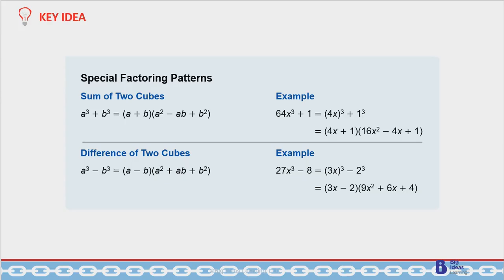Special factoring, we have sum of two cubes and difference of two cubes. What you have to do is pay attention to whether there are two perfect cubes getting added or subtracted, and if so, you can use these formulas to show you how to factor.